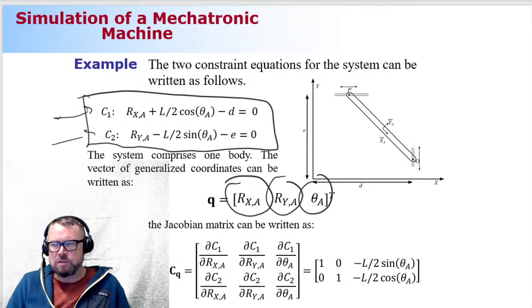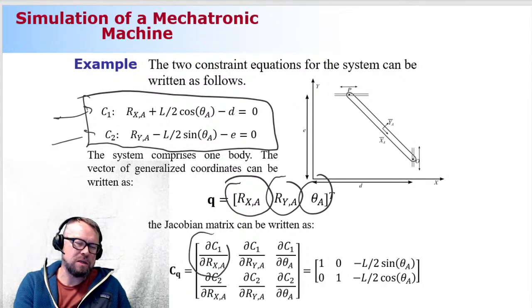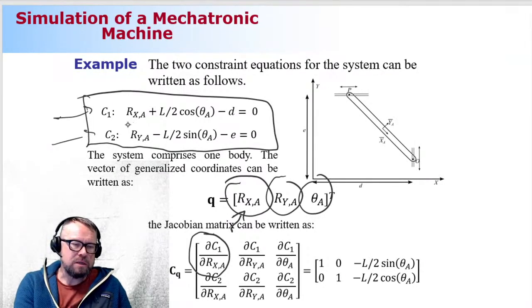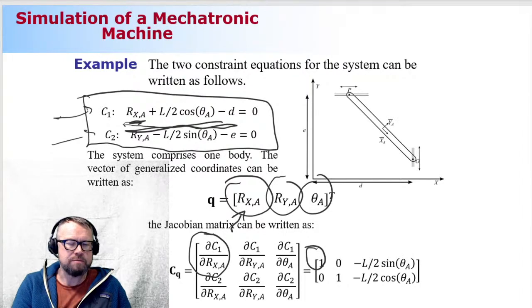Now we need to conduct a good number of partial operations. First, we take the first constraint equation and differentiate it with respect to the first generalized coordinate, Rx. Here's the first constraint equation. Rx is mentioned here, but it's just one linear component, so once I differentiate this with respect to Rx, it's going to be 1.